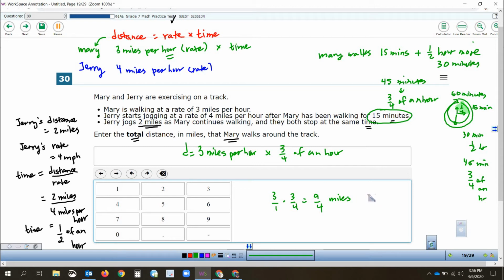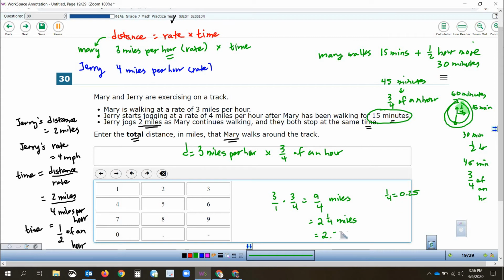All right? So it says enter the distance in miles. So we could put 9/4, except I'm not seeing any fraction option. So 9/4, how many times does 4 go into 9? 4 goes into 9 2 times. So it would be 2 1/4 miles. But again, I don't see a fraction here. Do you know what 1/4 is as a decimal? 0.25.